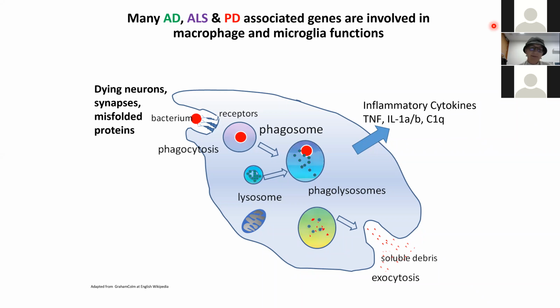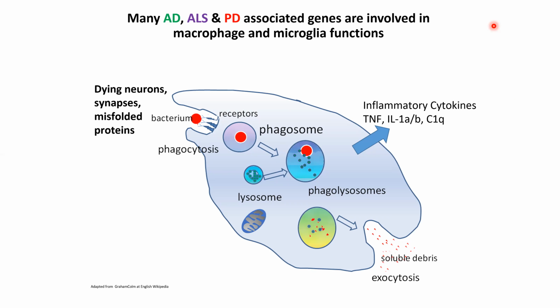Microglia are the resident macrophages in the brain, and they carry out many homeostatic functions, including clearing up of dying neurons, trimming away of incompetent synapses, and mopping up of misfolded proteins.